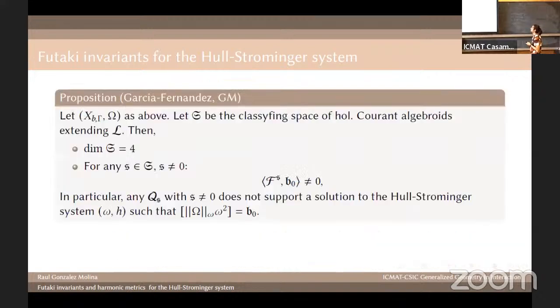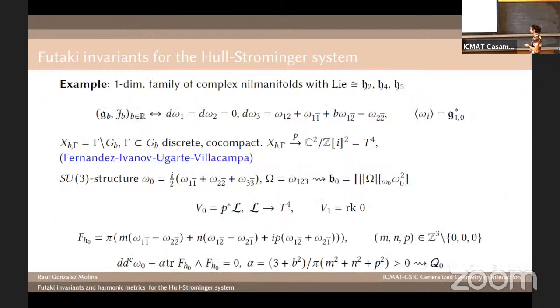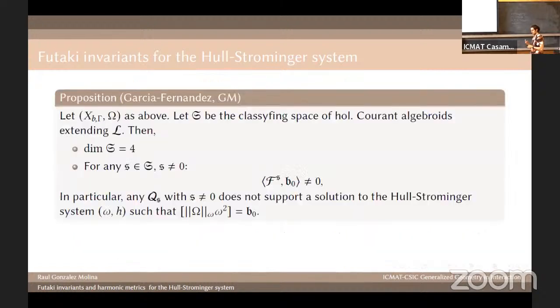So the proposition goes as follows. If we have this manifold and consider the classifying space of holomorphic current algebroids extending this vector bundle I chose, then we have two results. The first one is that the classifying space, this vector space, has dimension 4. But nevertheless, for any point which is different from 0, the associated current algebroid does not vanish against the standard balanced class.